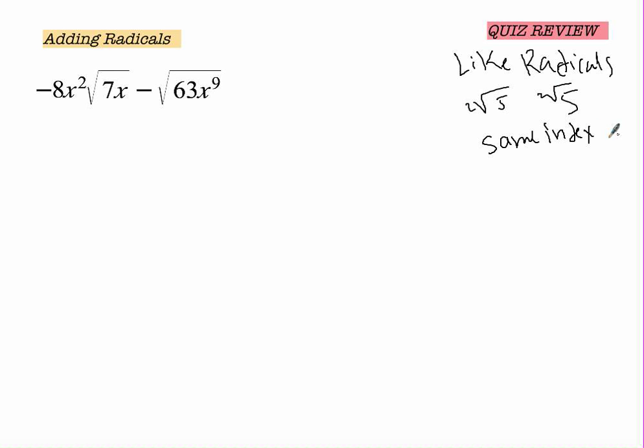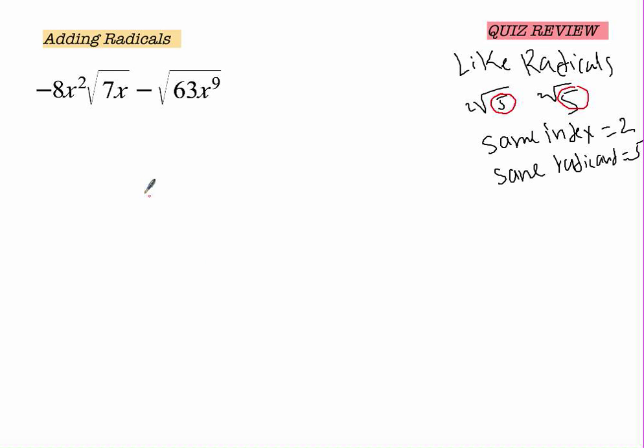They're both square roots, and they both have the same radicand, which is 5. The radicand is the thing that goes inside the square root. So if we have the same index and the same radicand, we have like radicals, and we can combine them as we combine any other like terms.